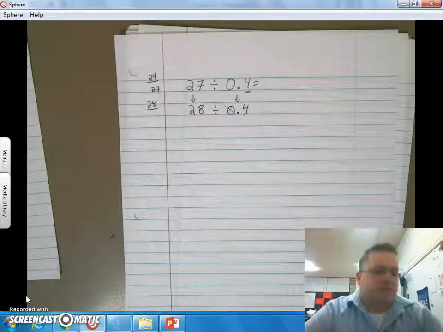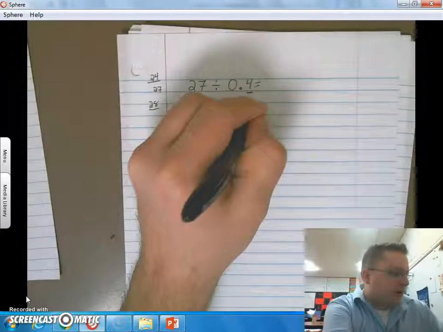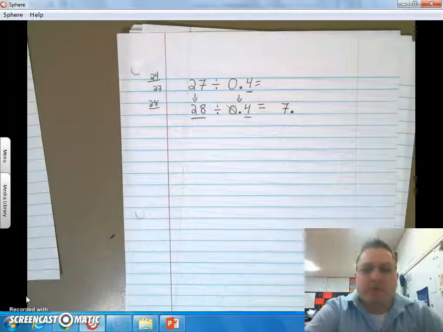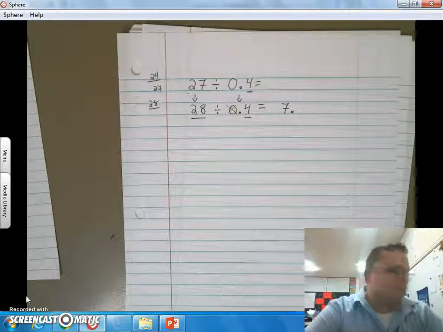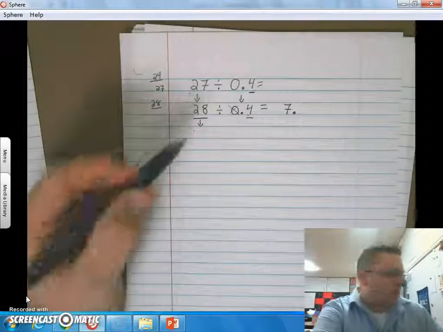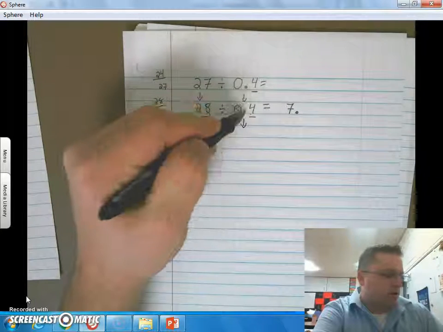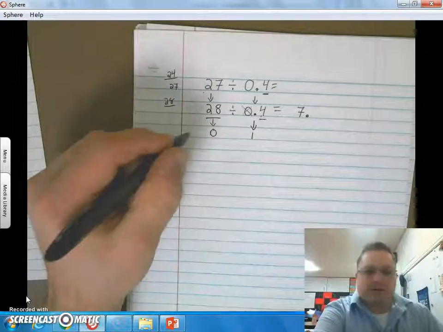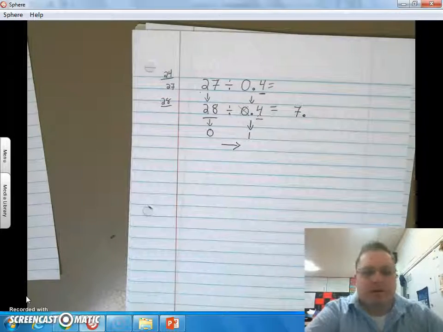Step 3, of course, was to divide, ignoring decimals. So 28 divided by 4 is 7. And I want to put my decimal in right away. Step 4 was place the decimal. So there's no decimal in 28, so there's 0. And in 0.4, decimal, tenth, so there's 1. 0 to 1, we're going to go right.